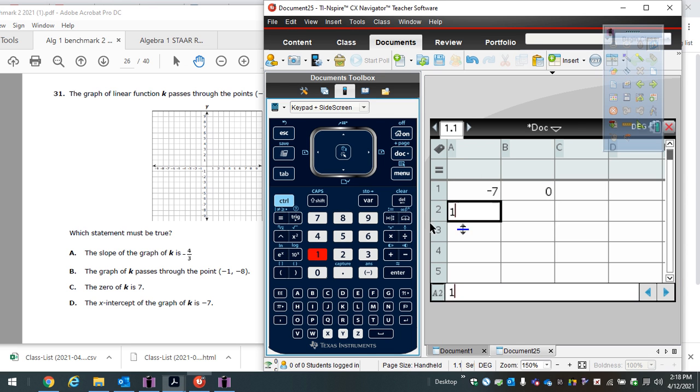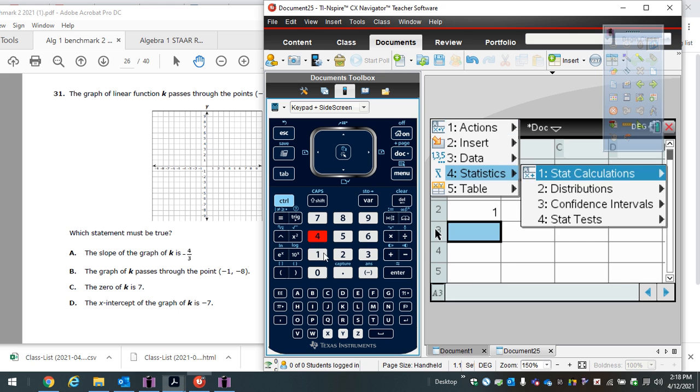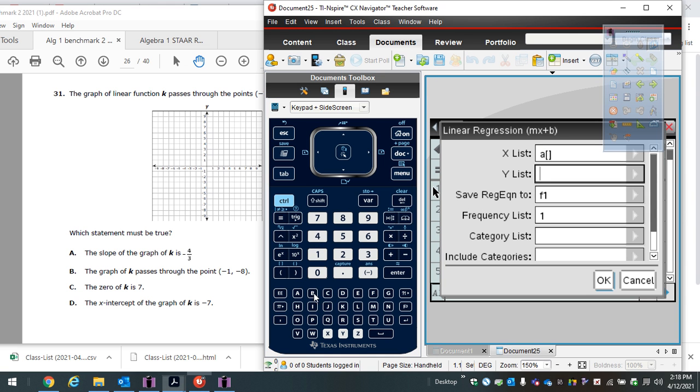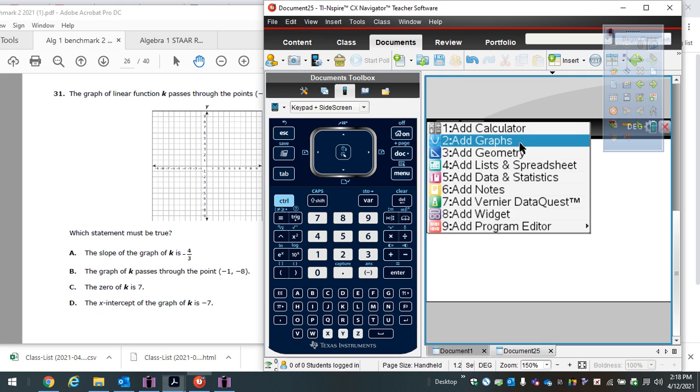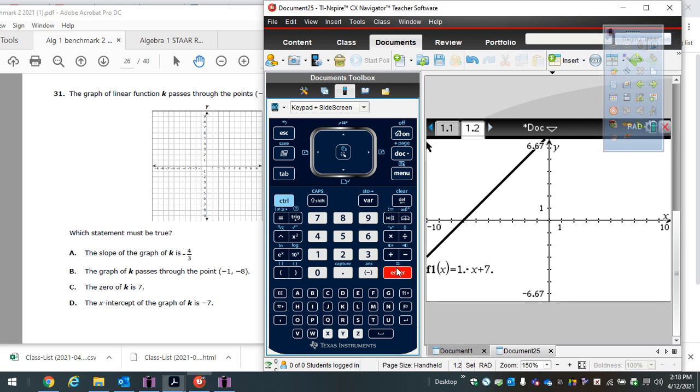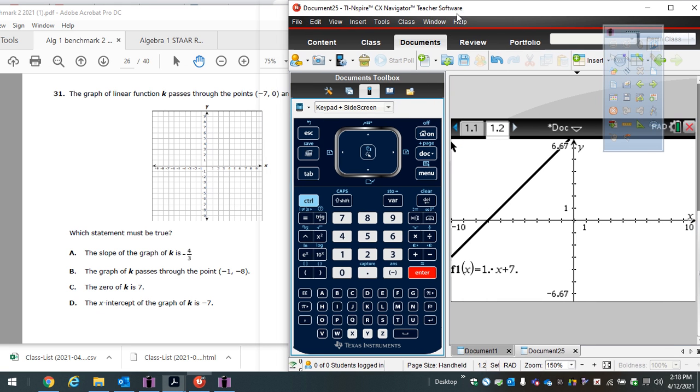Menu 4, 1, 3, put B here, control here, enter. I'm going to add a graph, press up, enter. And there, that line there is that one right there, okay?